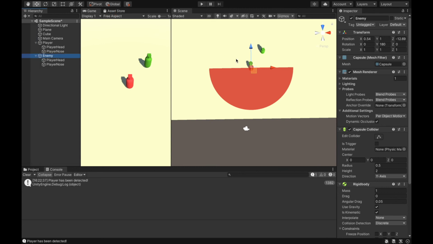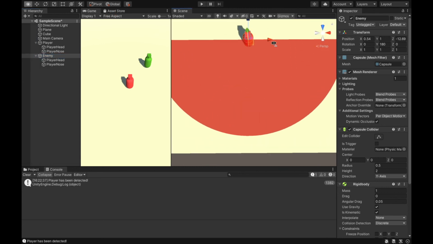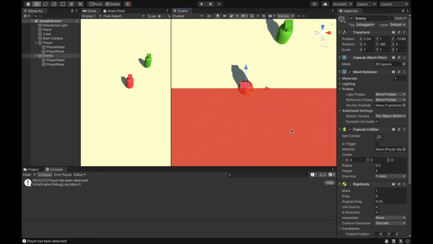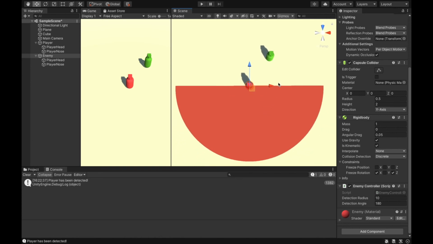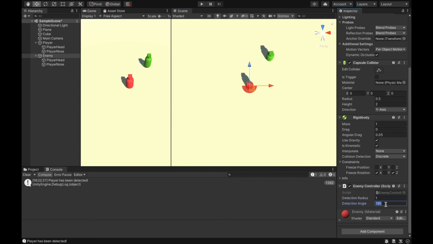You are just scaling it down or up on this unit circle. The actual unit circle around the enemy is much smaller than the radius I'm displaying here, because the detection radius is 10 units. When I click on the enemy, you can see the detection radius is at 10 units, and we are projecting it around 1 unit. So a 1 unit vector would look like this, covering 360 degrees.